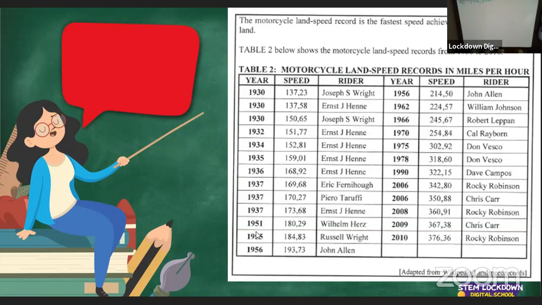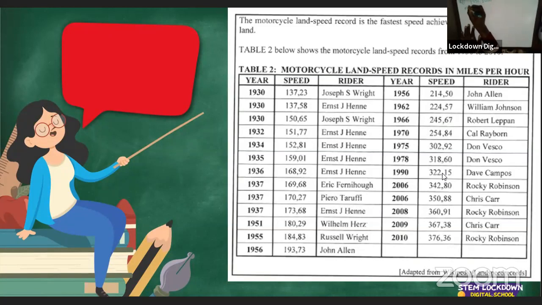Okay, so we have 1950. The record attained by Rubens Haas was 180. So as you can see, let's see here. Okay, so the highest value I can see from this record, guys, is 322.5. That is the maximum value I can get.